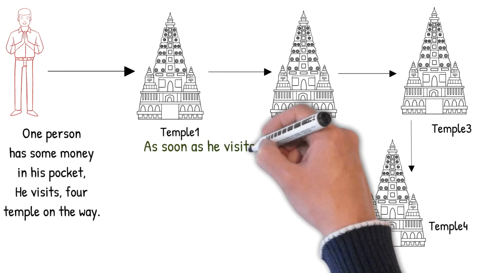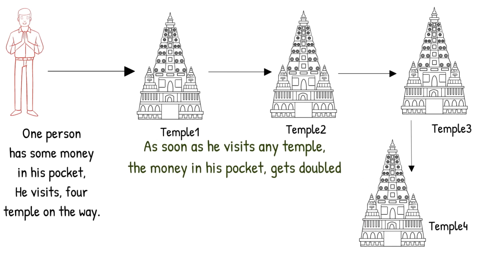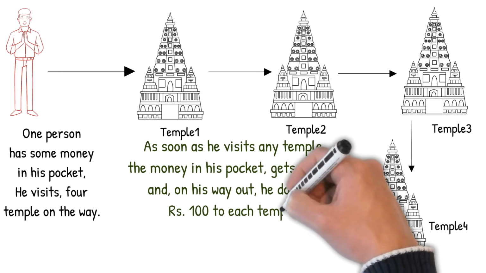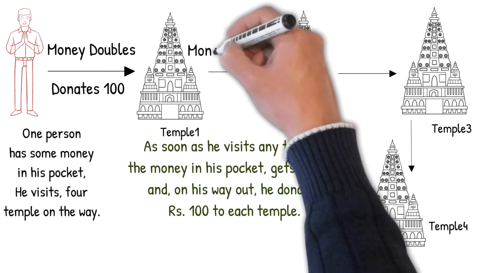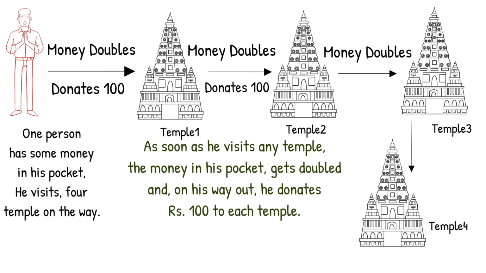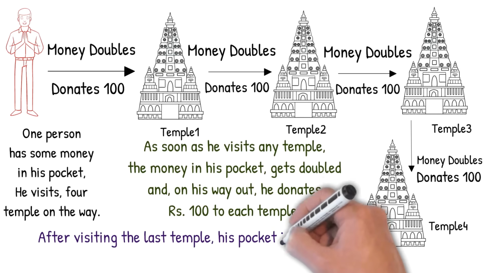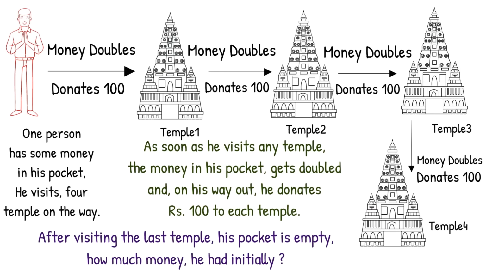As soon as he visits any temple, the money in his pocket gets doubled, and on his way out, he donates ₹100 to each temple. In total, he visits 4 temples. After visiting the last temple, his pocket is empty of all the money. So how much money he had initially?